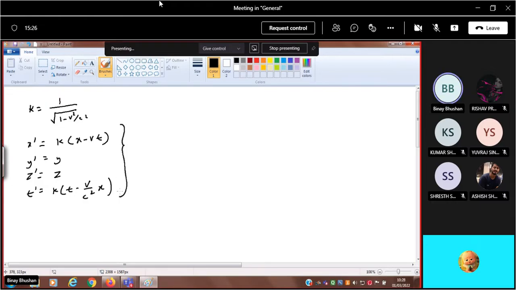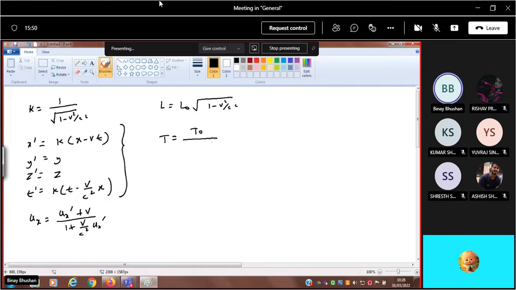So this is the Lorentz transformation, and similarly you have the velocity transformation as well. ux equal to ux prime plus v, over 1 plus v by c square ux prime. Similarly uy, uz. Then you have the length contraction formula, L equal to L naught root of 1 minus v square by c square. Right?